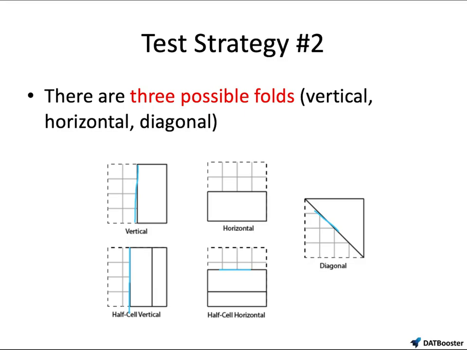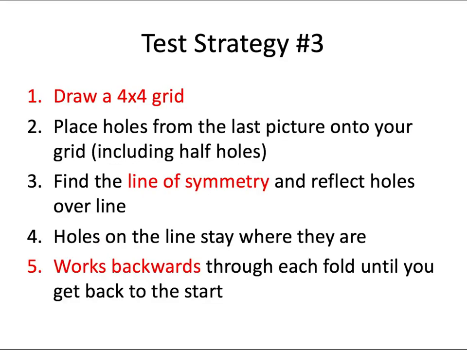So you can notice how each individual grid space is split in half in these examples, which can make things a little bit more complicated because those types of folds have the potential to split hole punches in half. We'll cover this in practice problems later on.